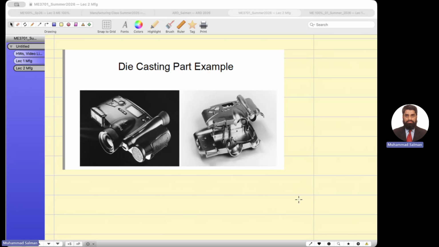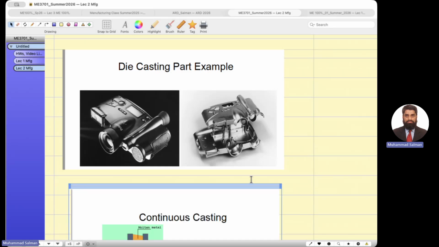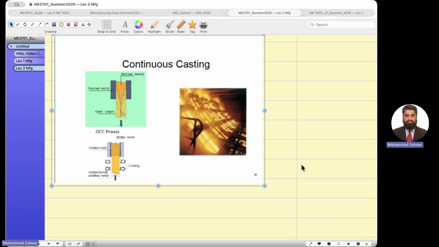Continuous casting. Why do we say continuous casting? Because it is not just one small billet. Metal continuously keeps coming into the mold, it takes shape, and we do the cooling process while it is going through the mold and acquires the shape, and it is continuously coming out like a small hanger wire.